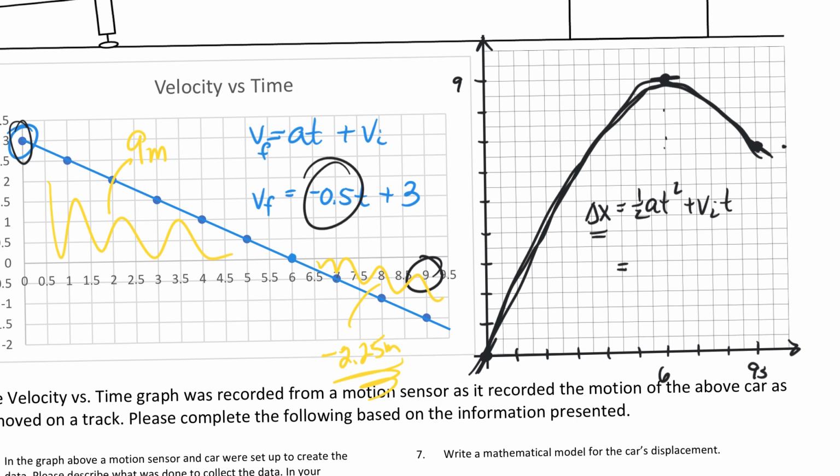It's the slope of the velocity graph, so it's negative 0.5. So this is going to be 1/2 times negative 0.5 t squared. And I know the initial velocity. I got that as well from that graph. That's going to be positive 3t. That's delta x. This is the function that matches the position versus time graph. In fact, you could do half of 0.5 and have negative 0.25 t squared plus 3t.